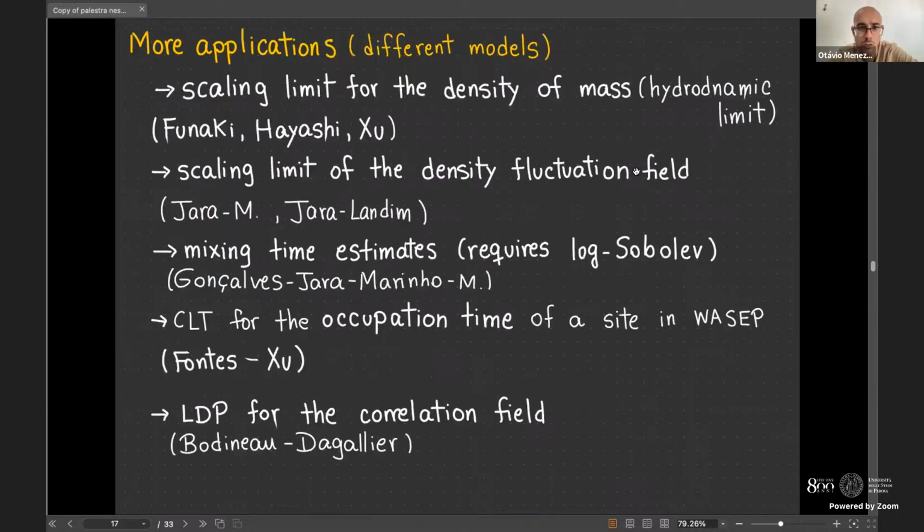Then, of course, the hard work goes into the proof of that entropy inequality stated at the beginning. So several people have used either the inequality or its proof method to do different things.